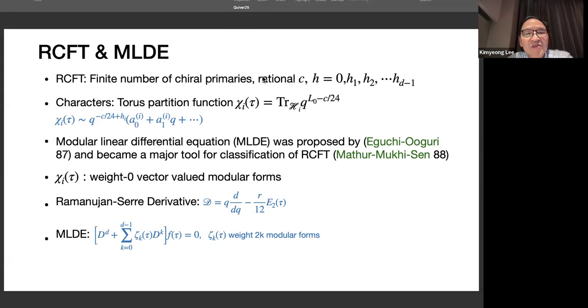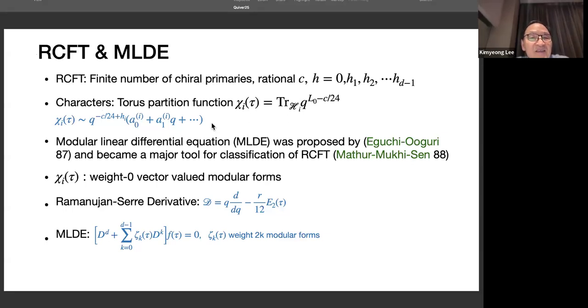The characters, which are the torus partition function, look at just the holomorphic part of Virasoro algebras or generalized chiral algebras. For each primary operator we have a Hilbert space, and then we take the trace of q, which is e to the 2 pi i tau, to the power L0, the Virasoro generator, minus c over 24. That generates a weight zero vector valued modular form, which is called the characters. So there are characters for each primary operator, or for each conformal weight.